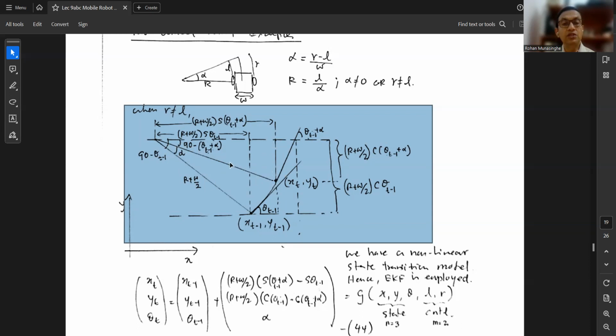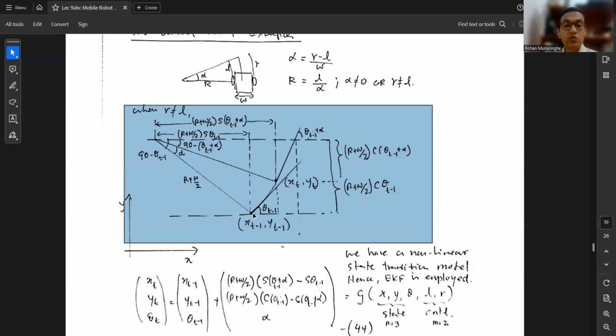This height is actually sine of this angle, which becomes cosine because this is 90 minus. Okay. And this total angle is 90 minus theta t minus 1. So it becomes r plus w over 2, right? Sine 90 minus theta t minus 1, which is cos theta t minus 1. So you can see it over here, cos theta t minus 1 minus cos theta t minus 1 plus alpha. Okay. You got that point?